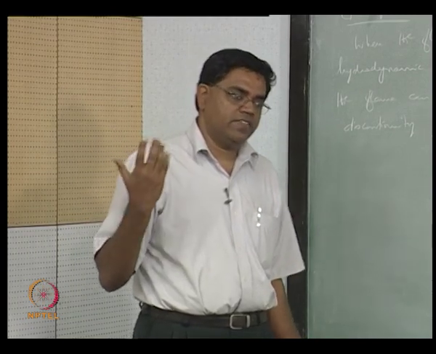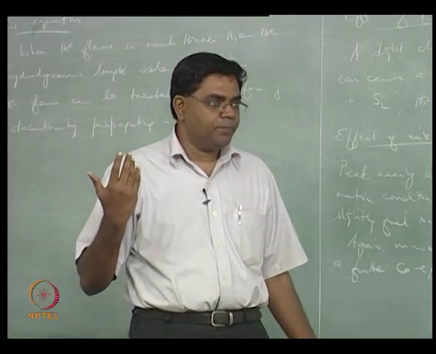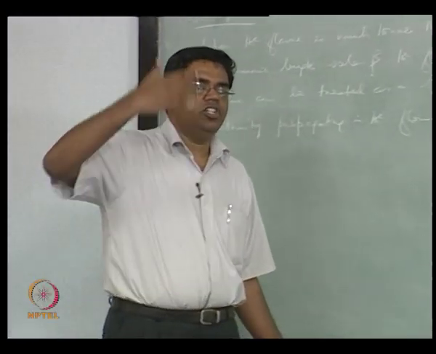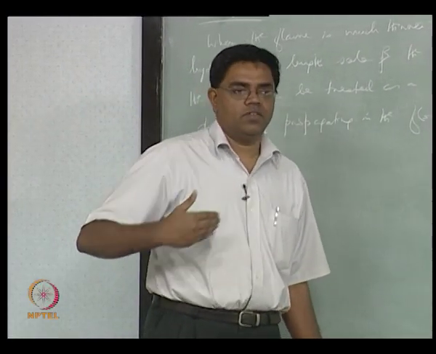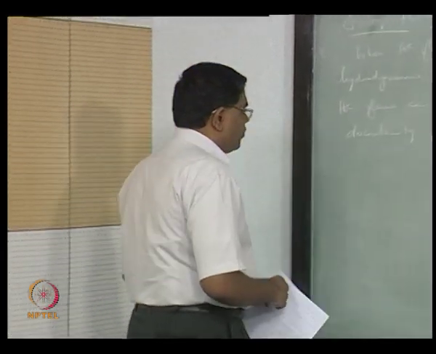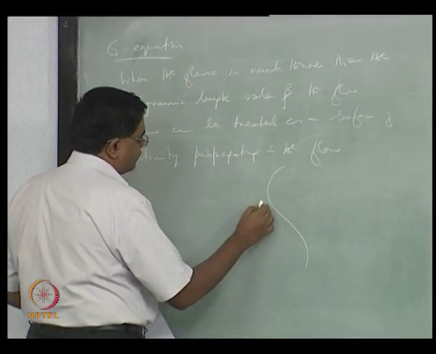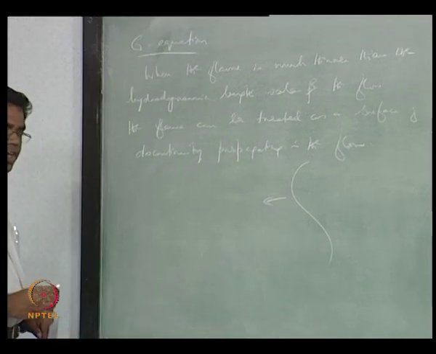If you're thinking about a gas dynamic shock, that's only a few mean free paths thick. You have a sudden change in properties across a very small distance, where even continuum assumptions break down, whereas that's not the case with flames, but still it is quite thin when compared to most applications. Therefore if you think about this, you say that's a flame which is trying to propagate into a flow.